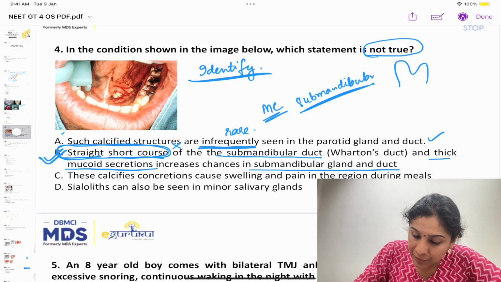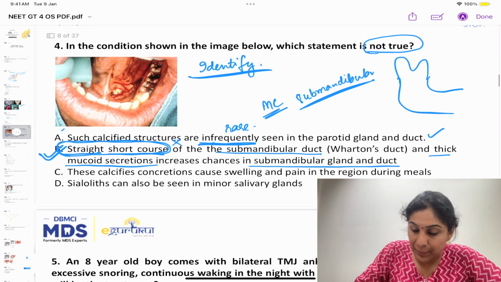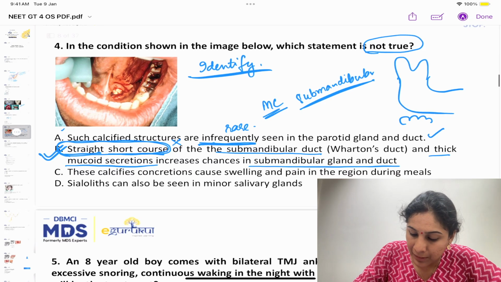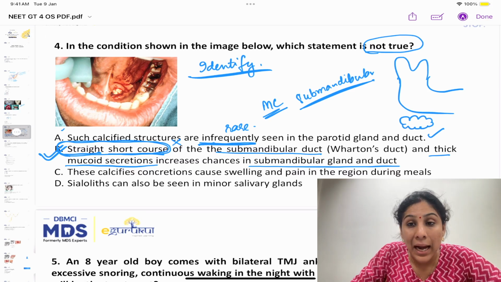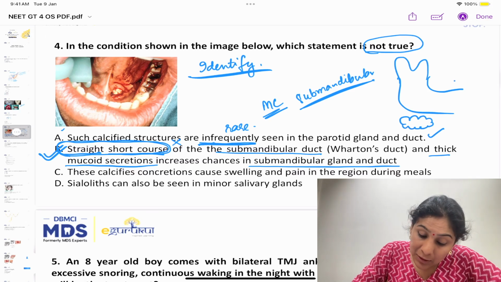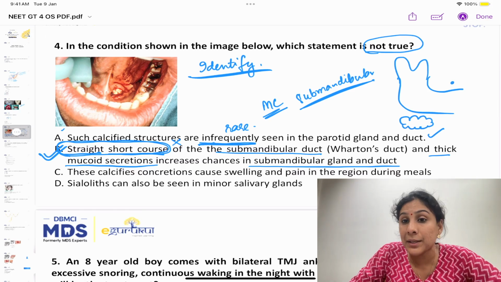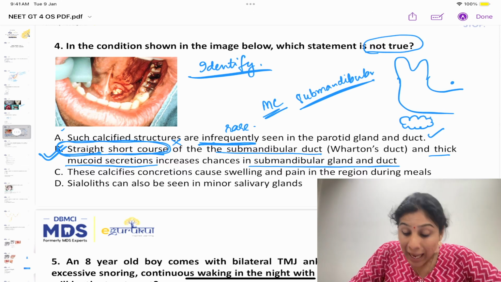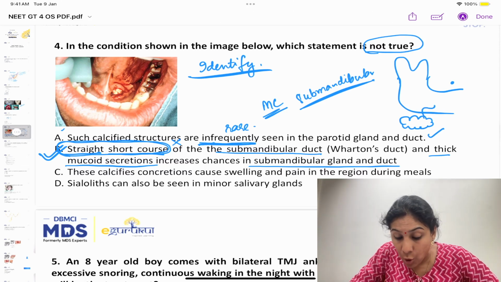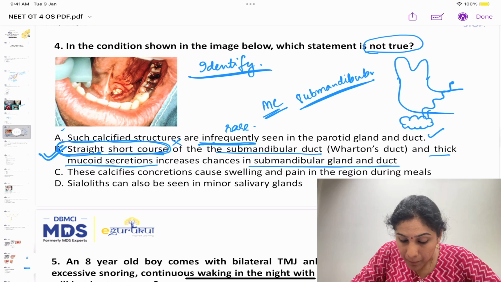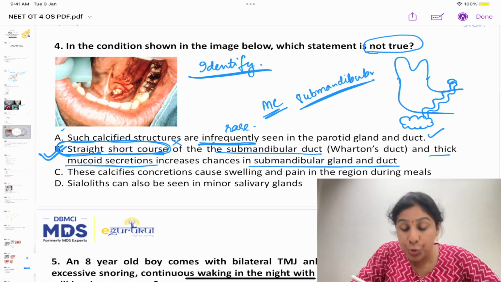Somewhere here, if this is your mandible, I mean not yours but some patient's mandible, and this is the submandibular gland, and the gland duct opens into the floor of mouth somewhere here. So the duct has to travel a very long and tortuous route.